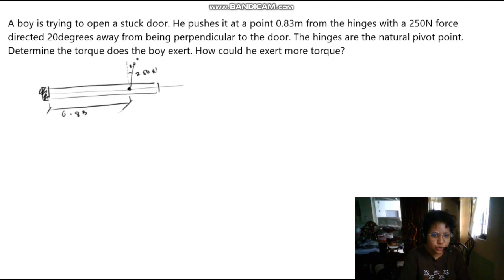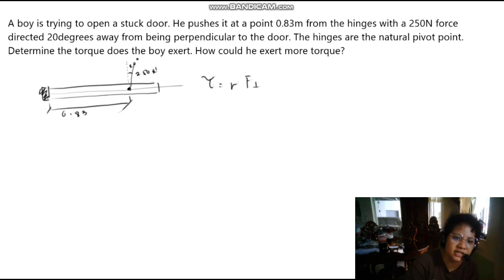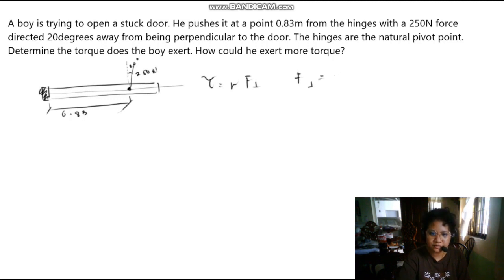The formula for torque is equal to the radius times the perpendicular force. But our force here is not perpendicular. It's 20 degrees away from being perpendicular. To get the perpendicular force, we can simply get the vector component, wherein perpendicular force is equal to force cosine 20 degrees.